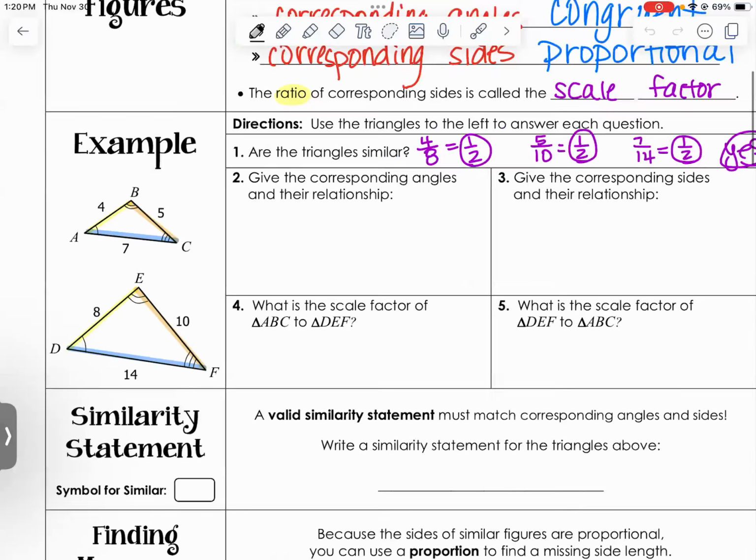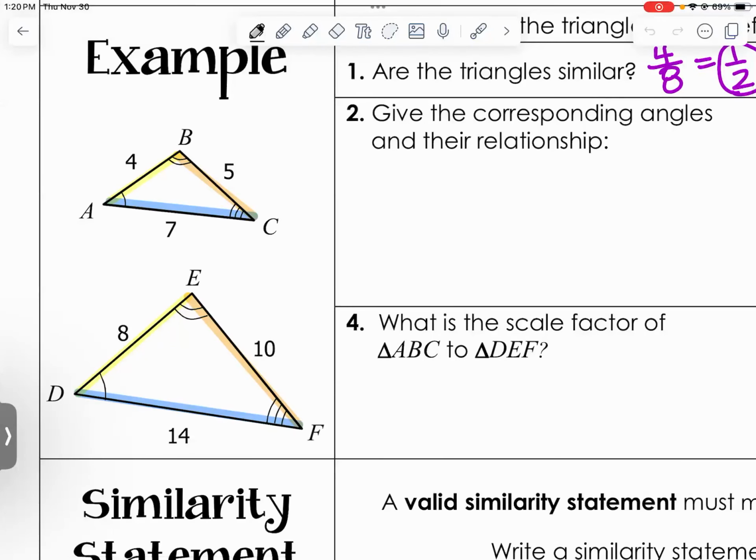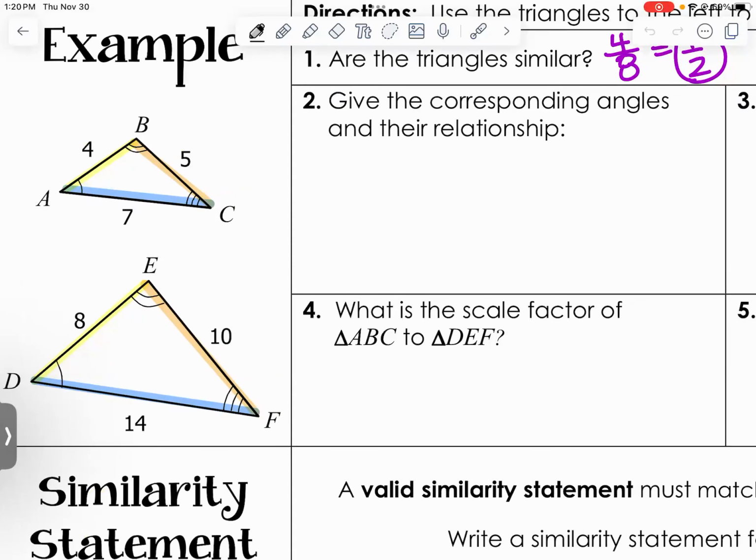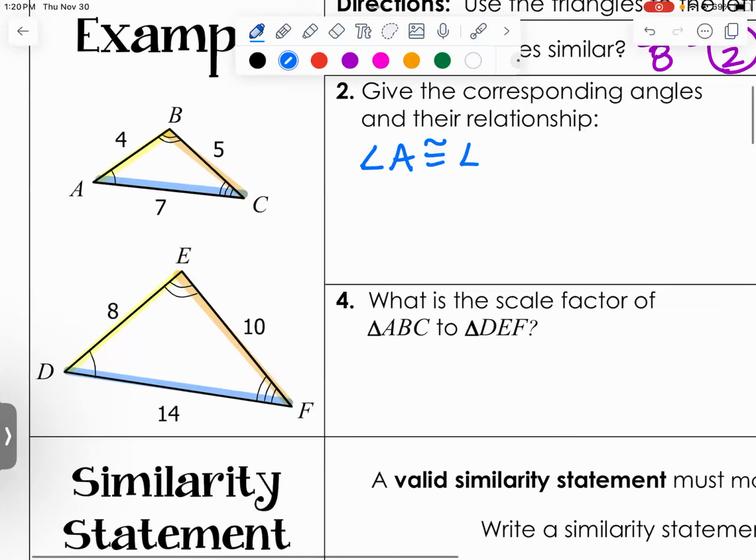We're gonna look at this picture and we're gonna match up all of the corresponding angles. So remember, if we have similar figures, our angles are the same. So we can write that angle A is congruent to angle, what's in the same place as A?